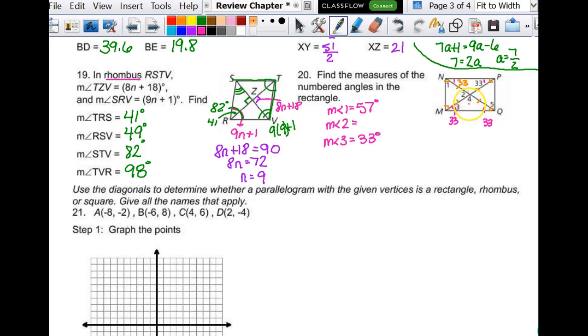Subtract that from 180, and angle 4 is going to give me 114. So the measure of angle 4 is 114. Subtract that from 180, get 66 degrees for angle 2. And then if this is 33, that makes this 57, which makes this 57. So the measure of angle 5 is 57 degrees.